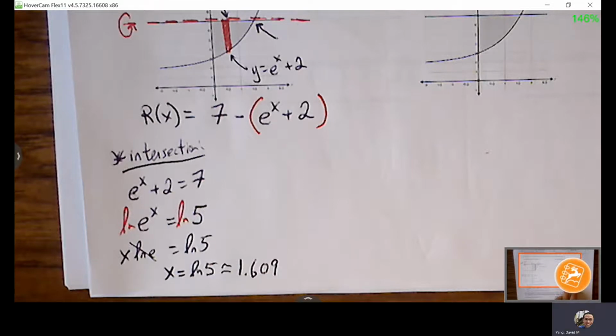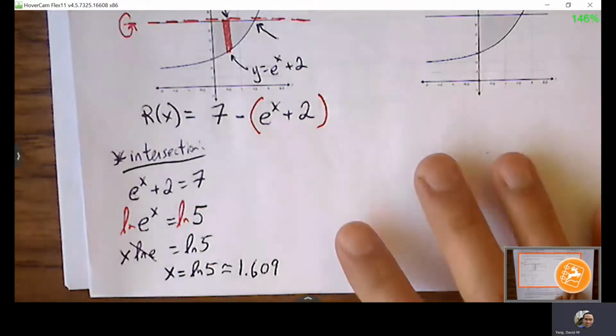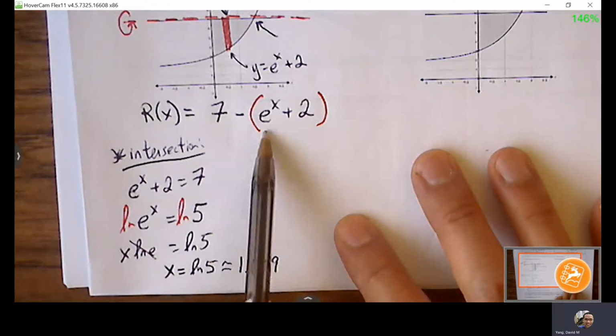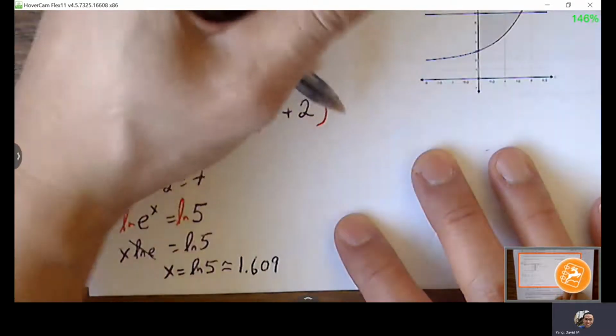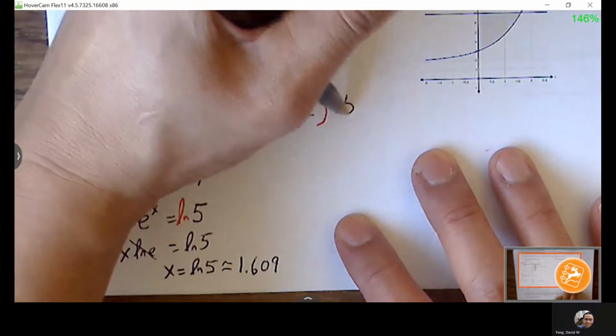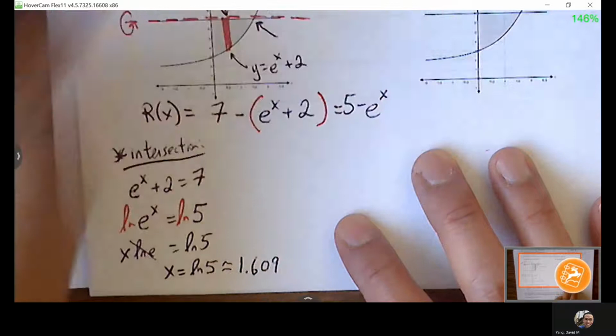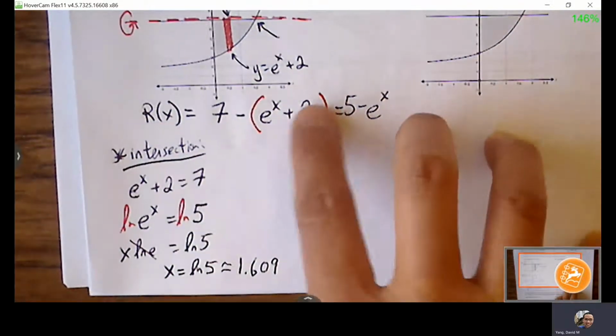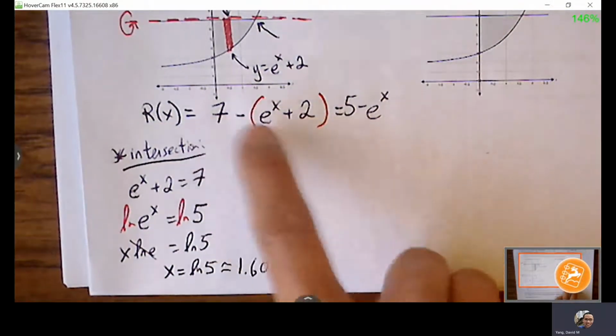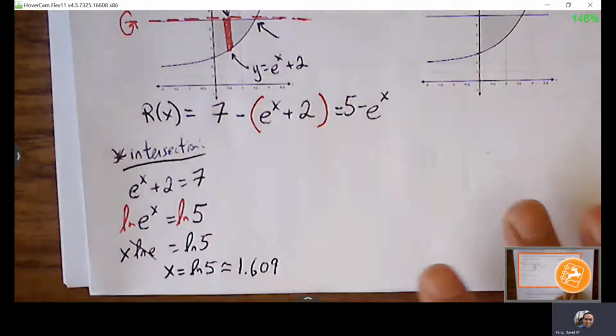Okay, so everything should be ready for us to set up. My radius, if I clean this up, is 7 minus e to the x minus 2. The 2 changes its sign to a minus sign. 7 minus 2 is 5, so 5 minus e to the x.